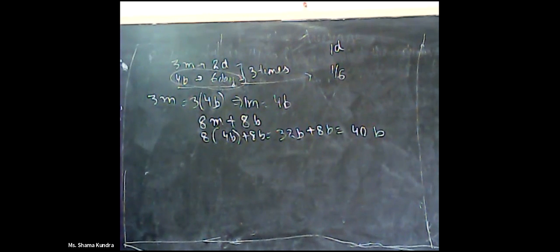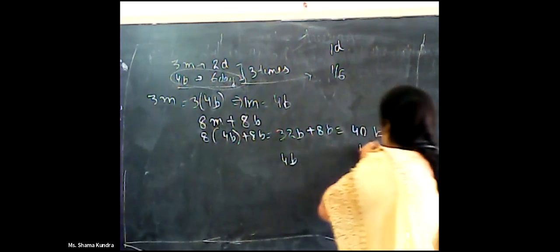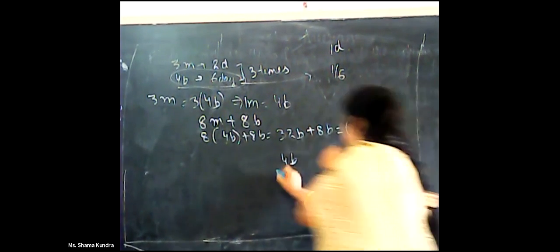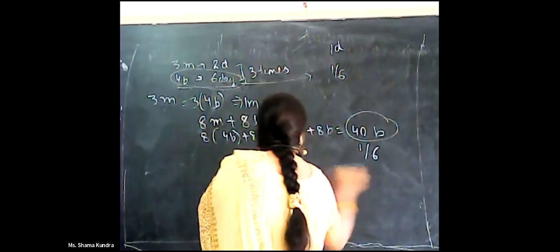We don't know in how many days they will complete the work. We don't know in 1 day how much work they complete. So 4 boys, 6 days means 1/6. So 4 boys' amount of work done is 1/6. So here it is 40 boys, and here it is question mark.